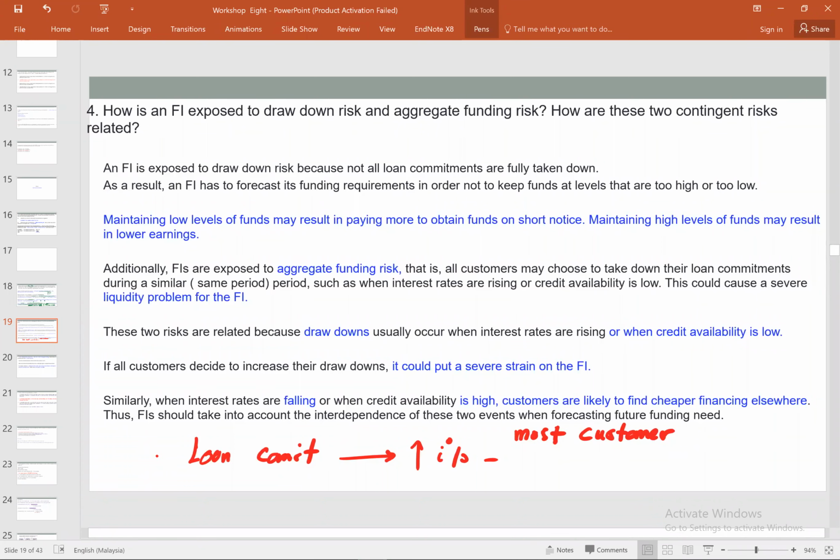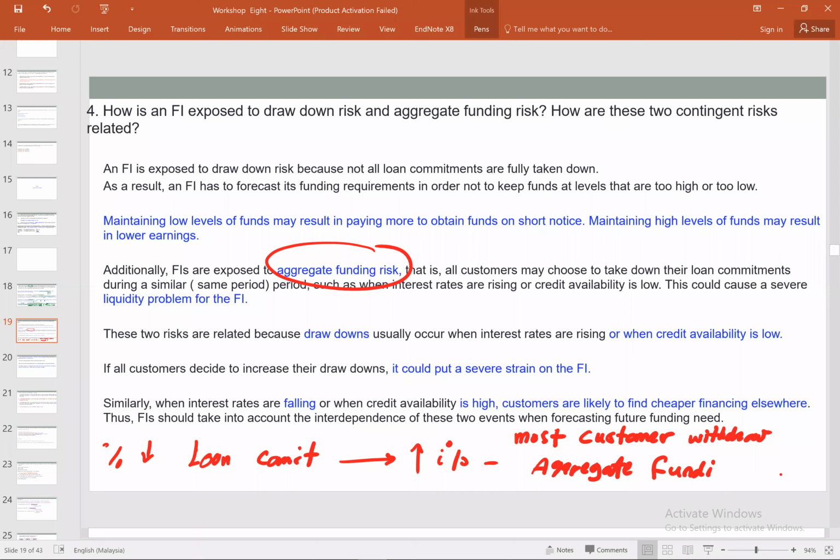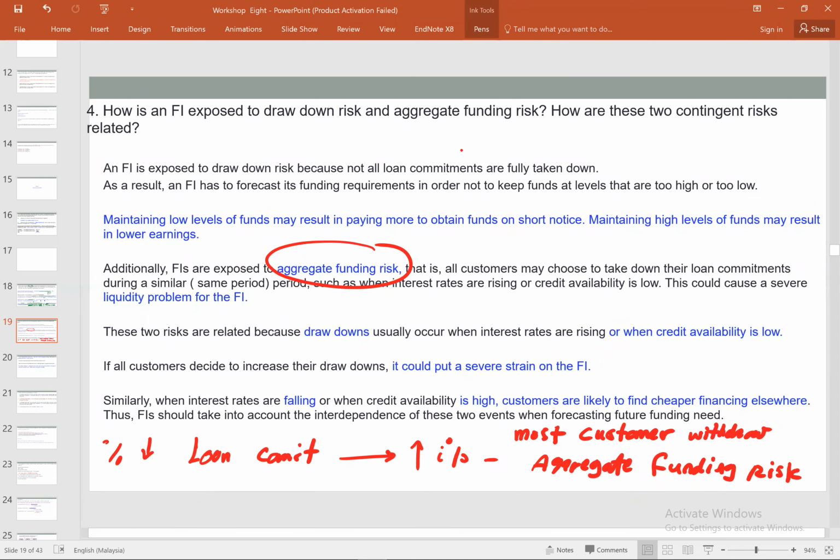When they took the loan commitment, interest rate was less. Now it goes up, most customers will want to withdraw. And in this case, what would happen is that it will create a liquidity problem for the bank, and what we call aggregate funding risk.